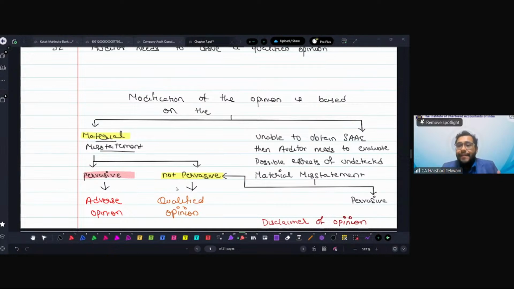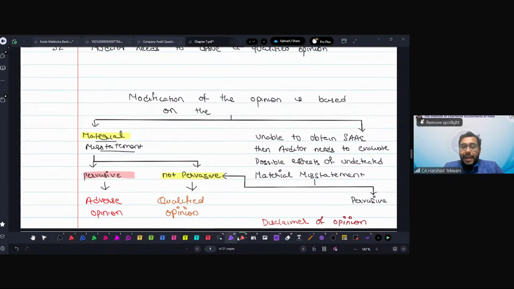But when you don't get sufficient and appropriate audit evidence to issue an opinion, the information which is not provided to me could lead to possible effects of undetected misstatement. Because of that, there could be undetected material misstatement. Now, if those undetected material misstatements due to information not being available to me are of such nature which is material and pervasive, disclaimer of opinion.